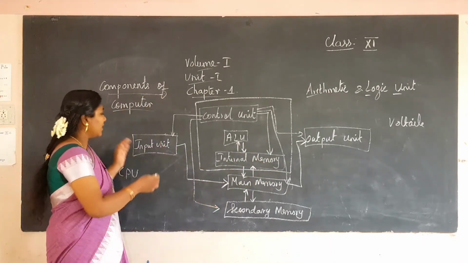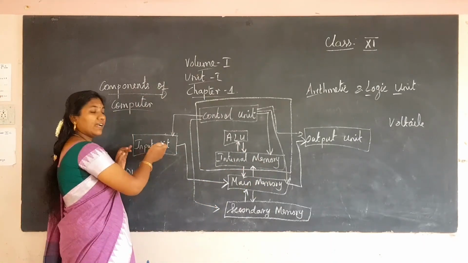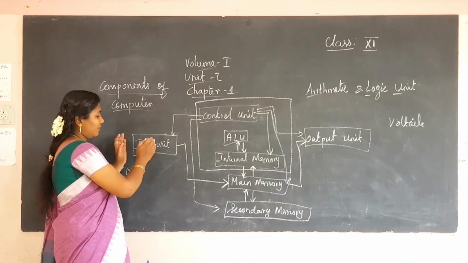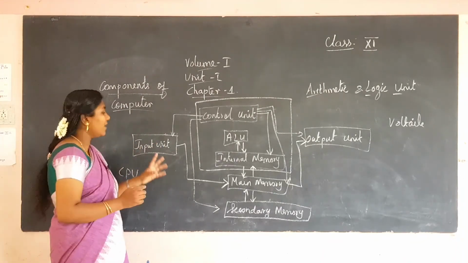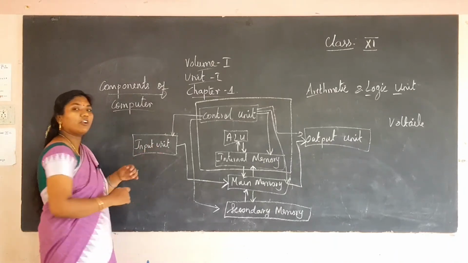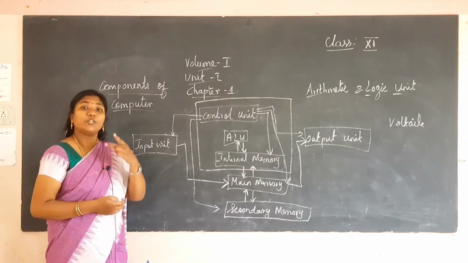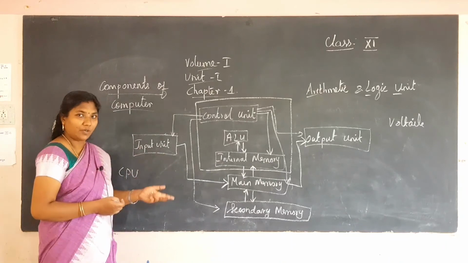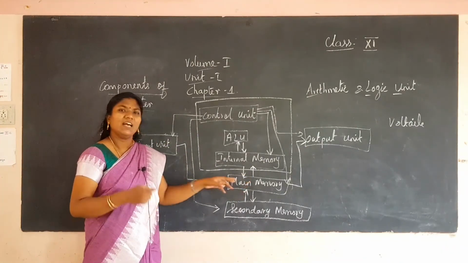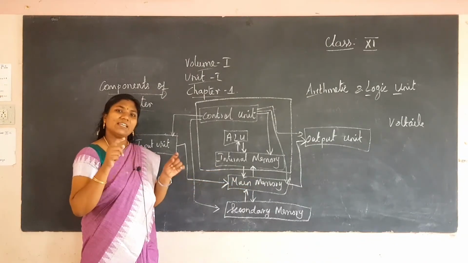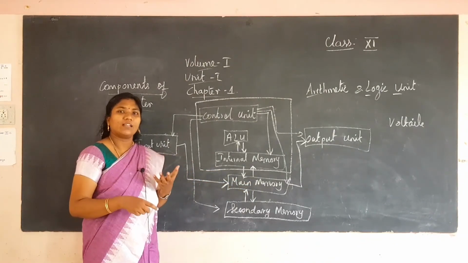First, in the input unit, you give a value. Now I am going to add two values, A plus B. So in the input unit we have to give the two values A and B. Then it will check the main memory and find that there is a plus symbol, which means you have to do an arithmetic calculation.